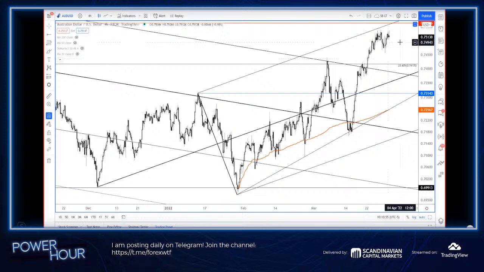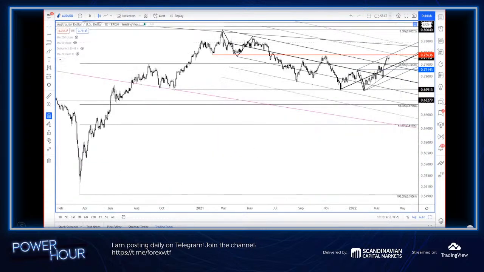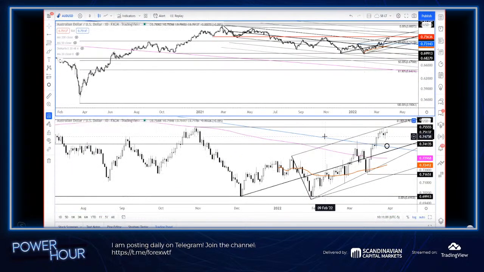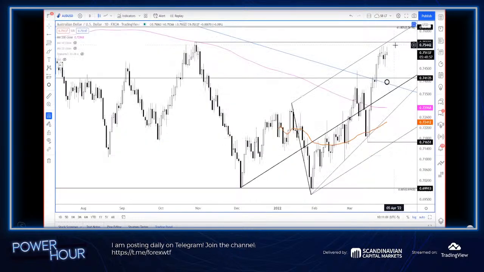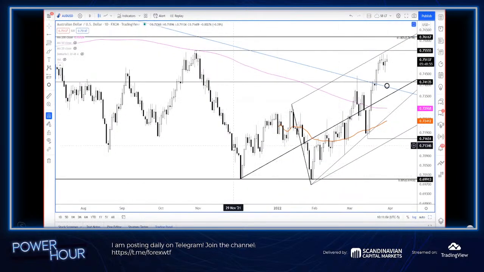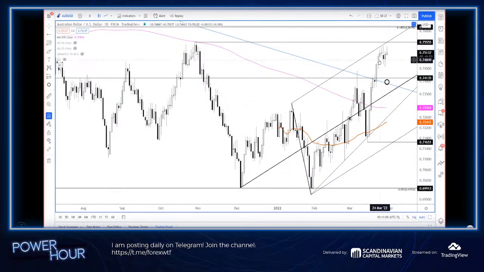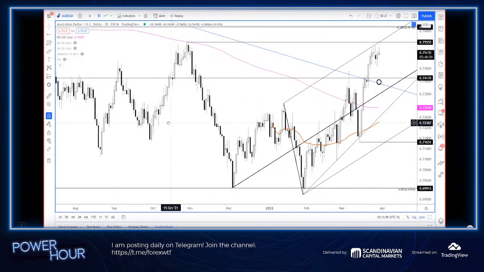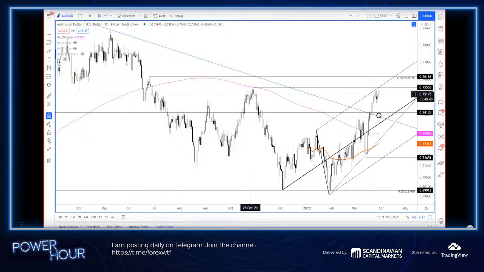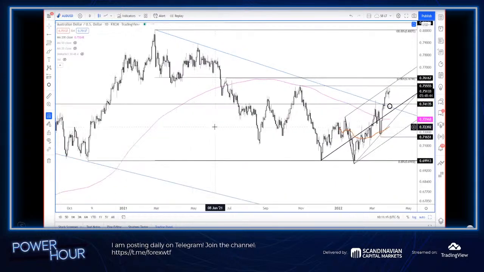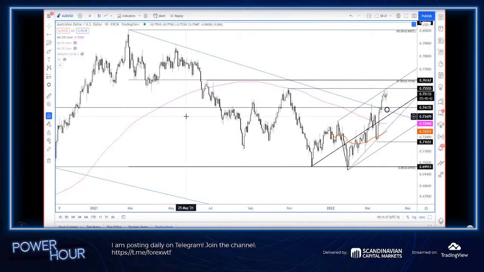All right, Aussie dollar. Okay, Aussie dollar has really just been meandering for like 5-6 days up here. We've been in what I would consider pullback territory, or a spot for a pullback here, over the last 5 or 6 days, just haven't done it yet.